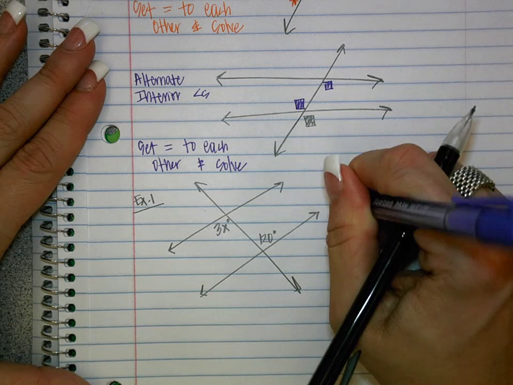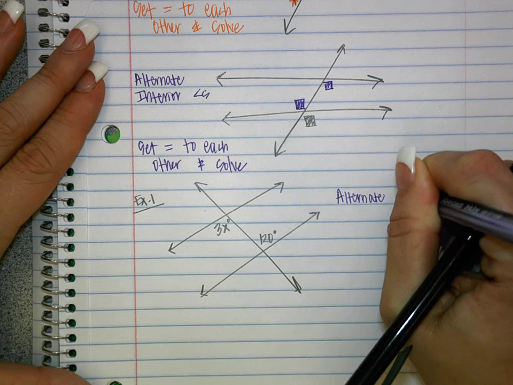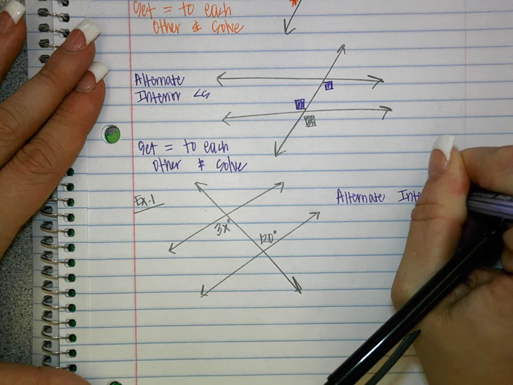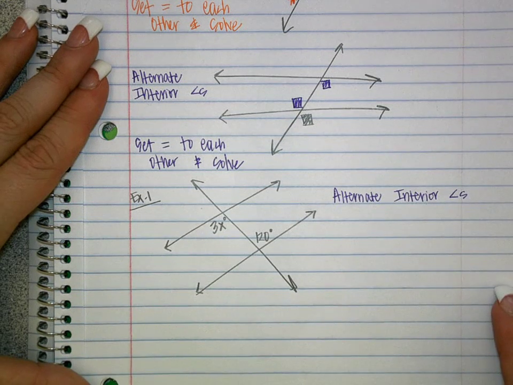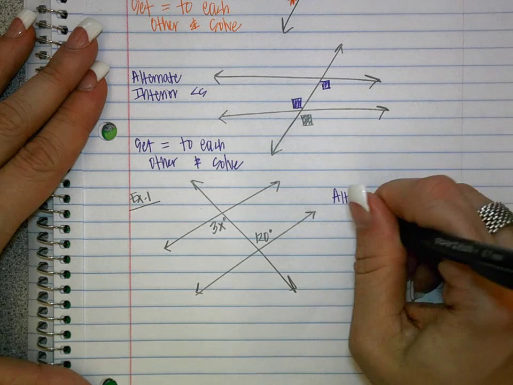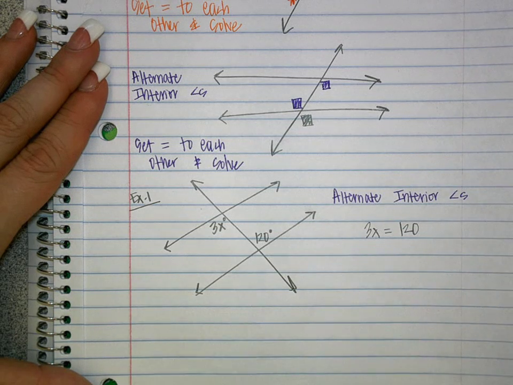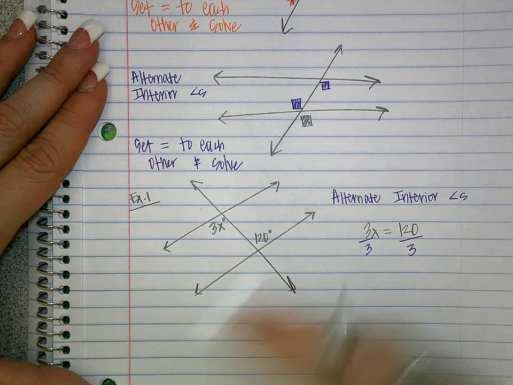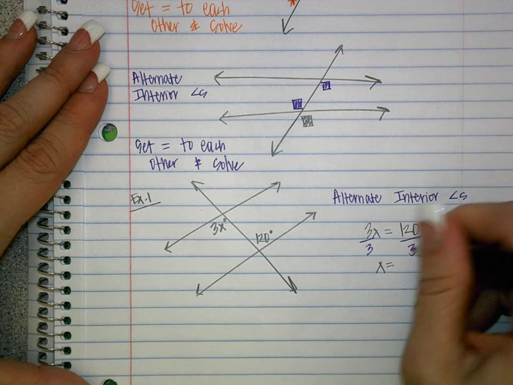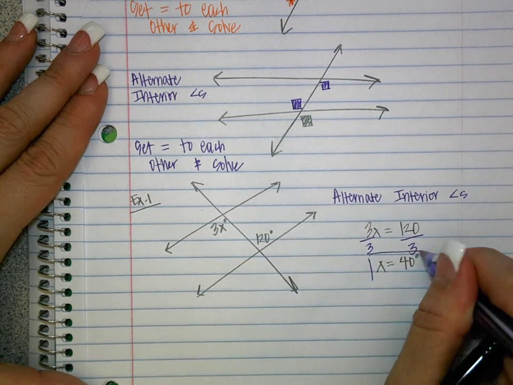So these are alternate interior angles. And how do you solve for alternate interior angles? Set them equal to each other. So 3x is equal to 120 degrees. To get x by itself, you divide both sides by 3. That tells you that x is equal to 40 degrees. That's the first part.